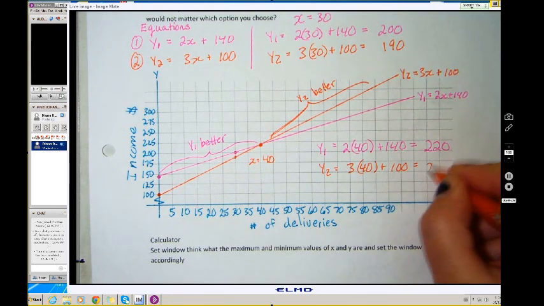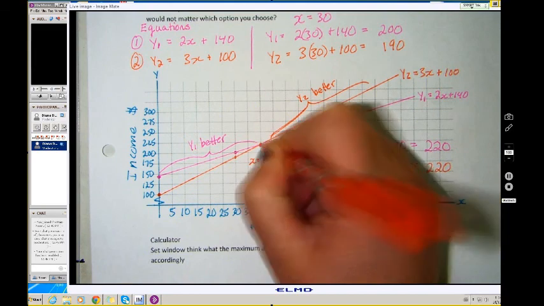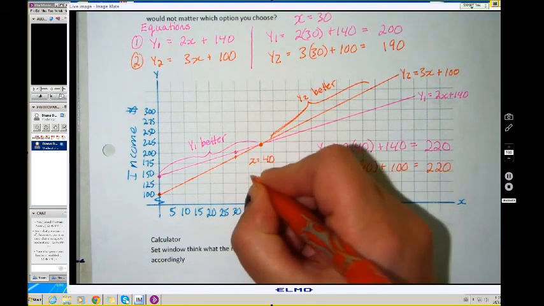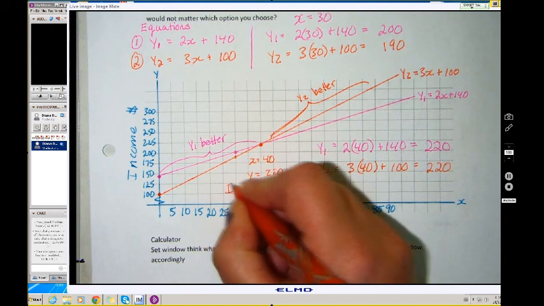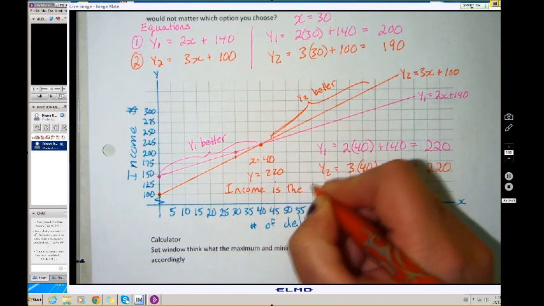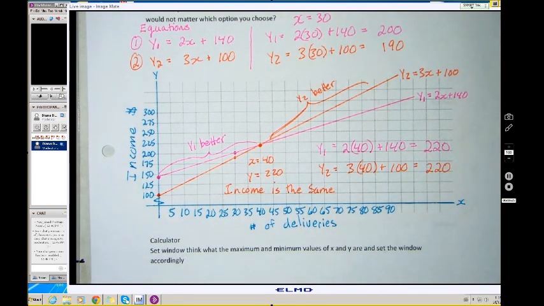Same. Because that is when they are the same. Because that's where the lines cross. So right where the lines cross is when they're equal to each other. So when x is 40, y is equal to 220, and that's the income is the same. So the income is the same if you make 40 deliveries.